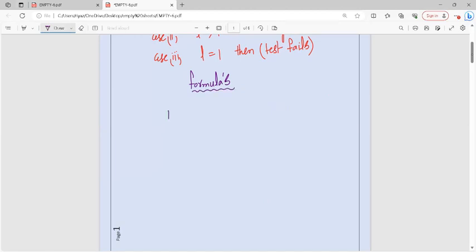Number 1, as you know, we have already used these formulas in the previous test, but still I want to write: limit n tends to infinity of (1 plus 1 by n) whole to the power of n. This value is equal to e.